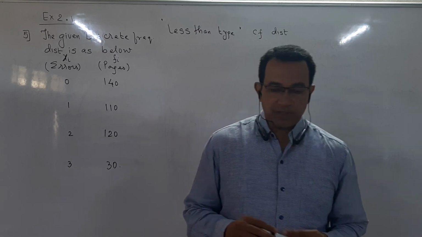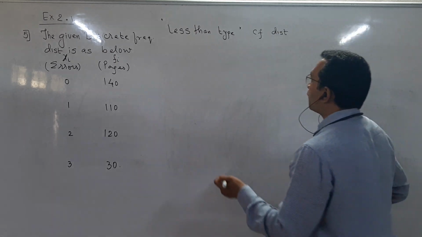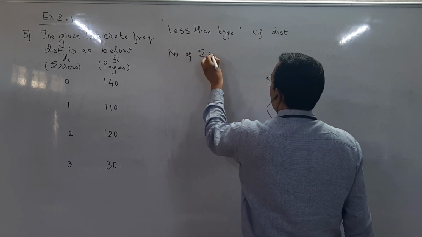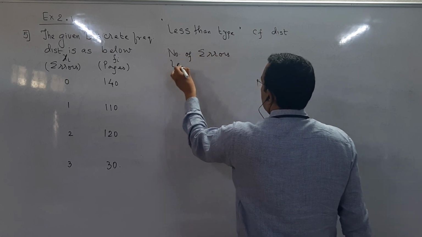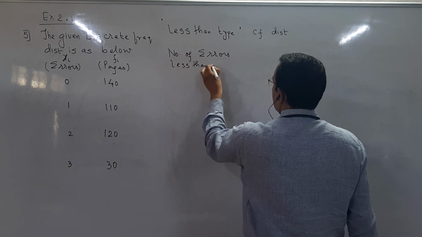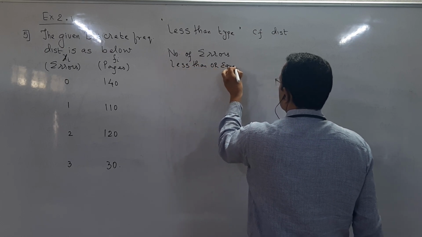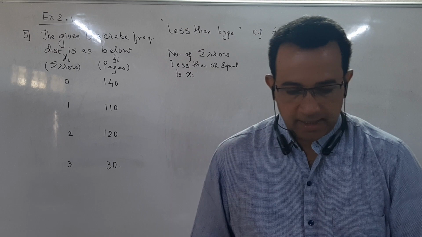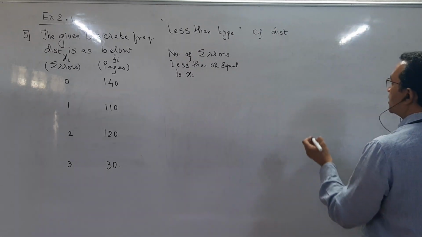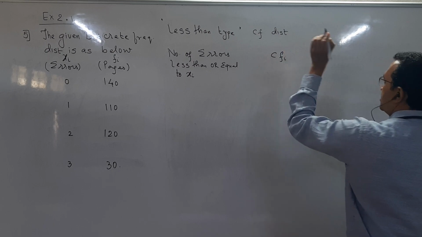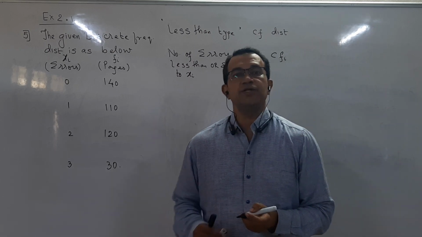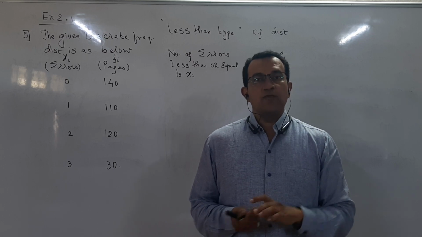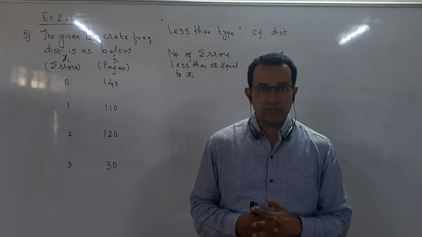So in less than type, our first column will be number of errors less than or equal to Xi, means X. And the second column will be corresponding cumulative frequency, that is, number of pages. So remember, this is like an algorithm for a discrete frequency distribution.